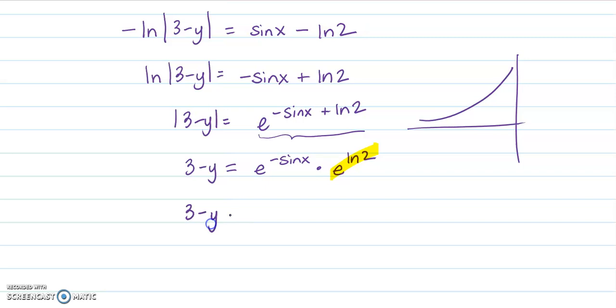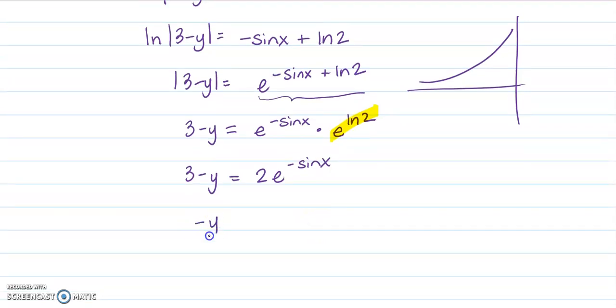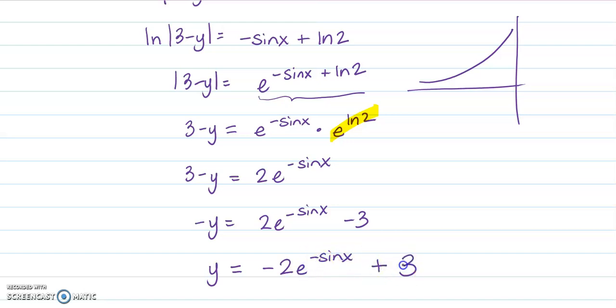So 3 minus y equals 2e to the negative sine x. And now just solve for y. So minus y equals this. Therefore, y equals negative 2e to the negative sine x plus 3.